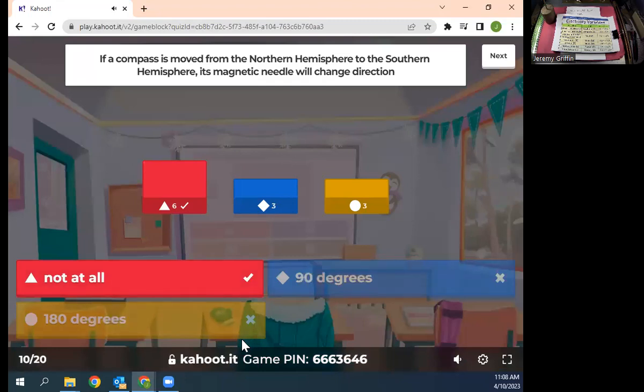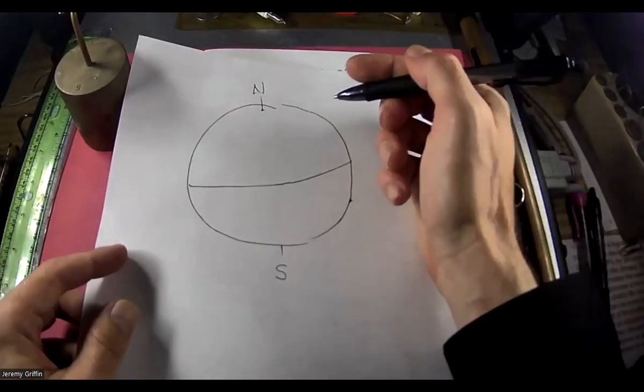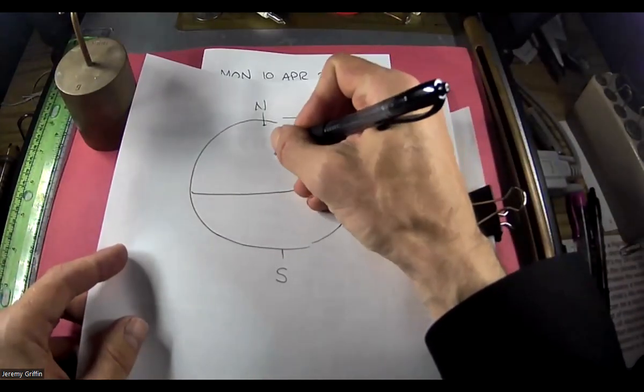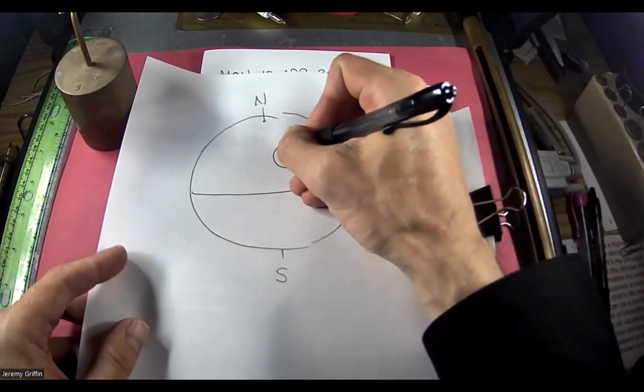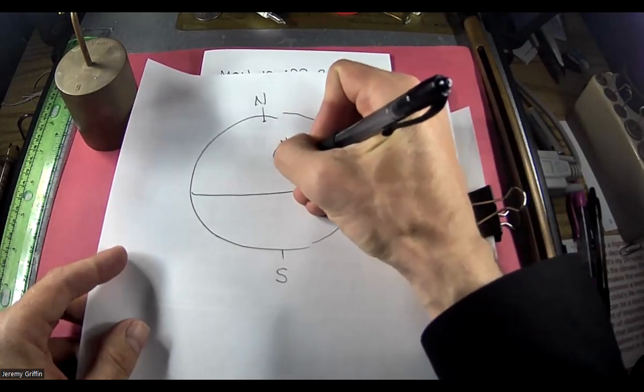Not at all. Only half of you got that. So let me draw this one out for you here. So here's the Earth. Say you had a compass in the northern hemisphere. Well, the needle is going to point to the north, right?